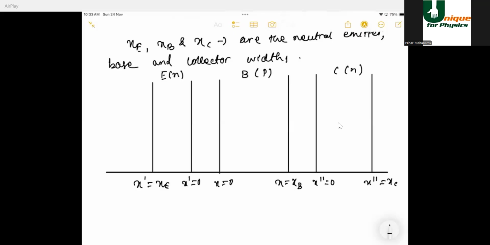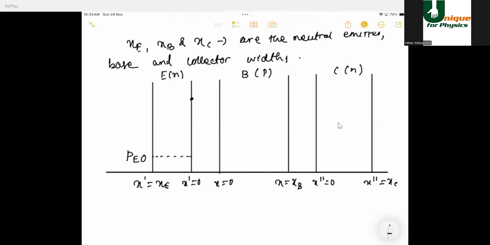Now, in the forward active mode, the base emitter junction is forward biased. So the concentration of minority carriers here, that is the holes, will be maximum, and it will vary from the maximum hole concentration to the thermal equilibrium concentration of holes in the emitter region. Let us consider this to be PE0. For more explanation, you need to understand how the minority carriers are distributed in the PN junction diode in forward bias and reverse bias conditions.